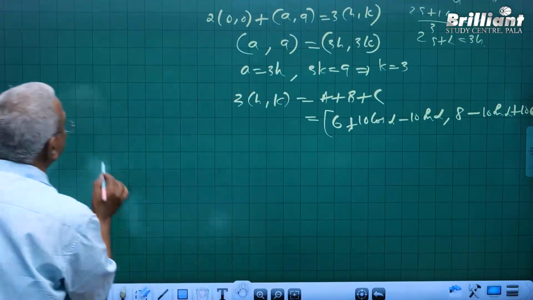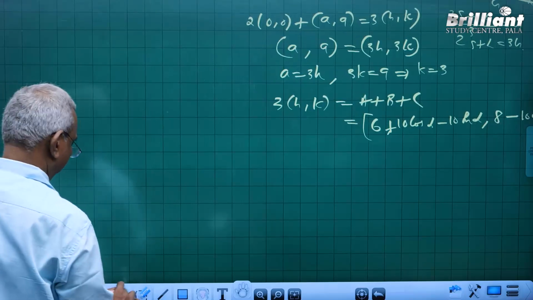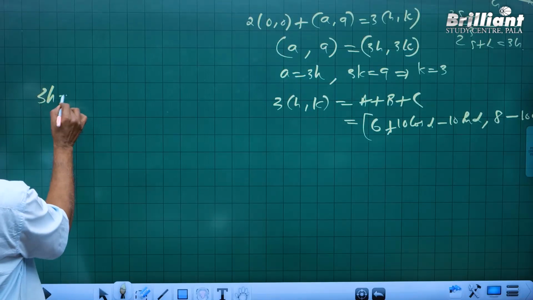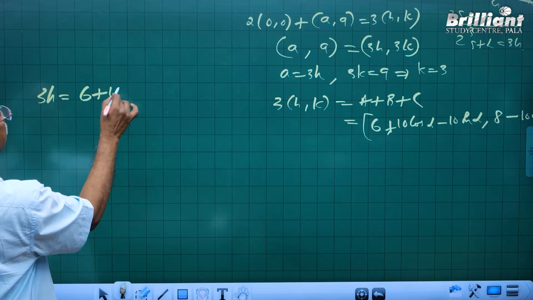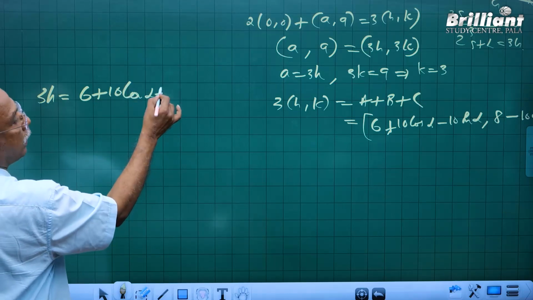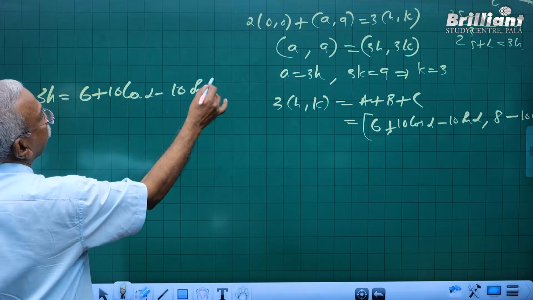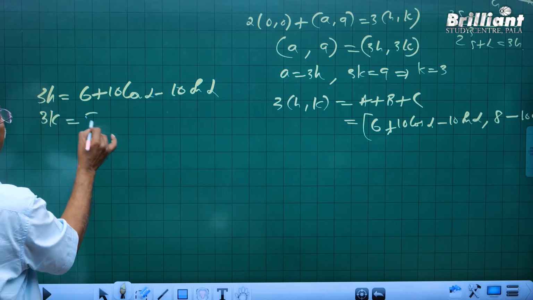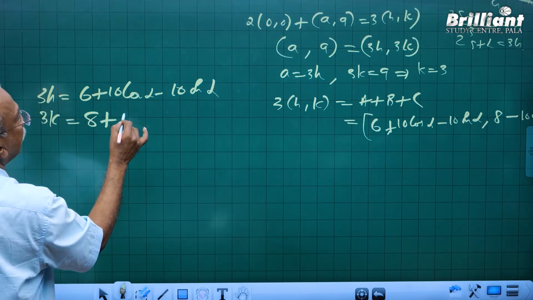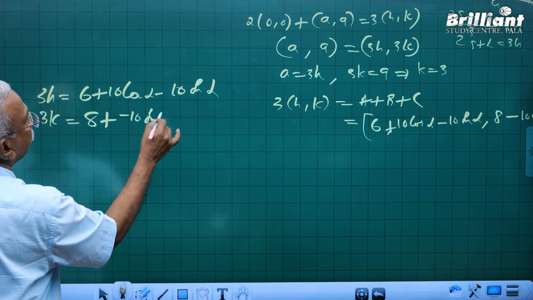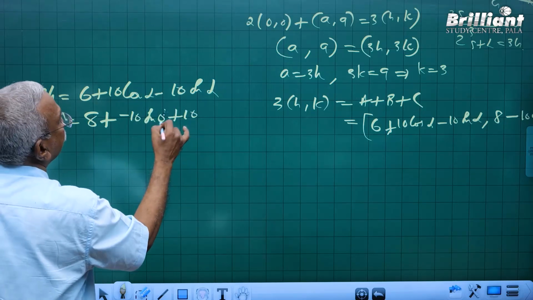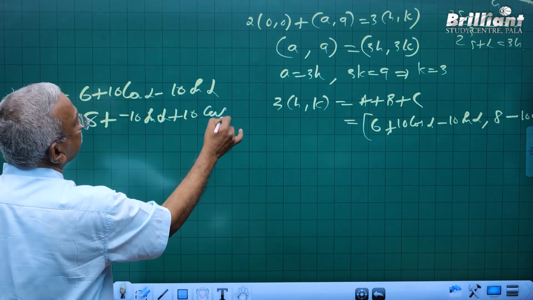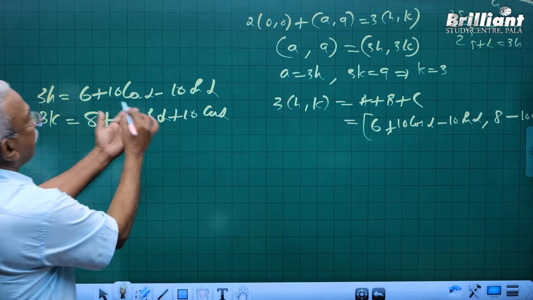3H is equal to 6 plus 10 cos alpha minus 10 sin alpha, and 3K is equal to 8 minus 10 sin alpha plus 10 cos alpha. So these two are the same.